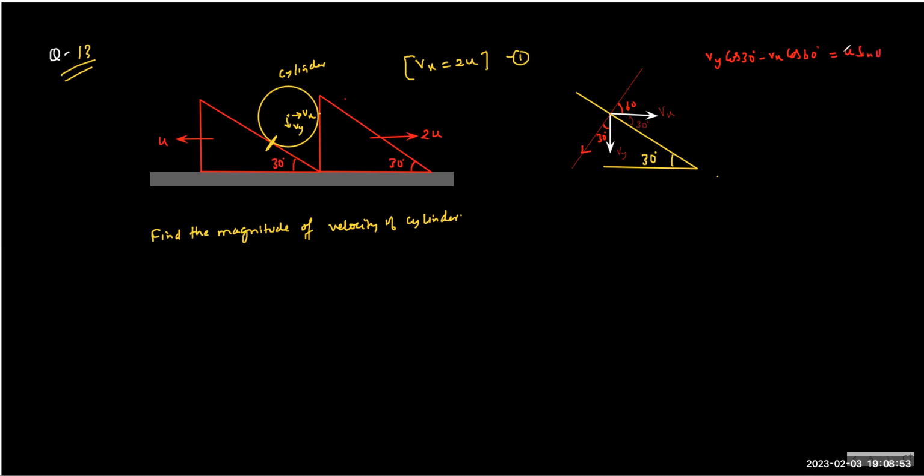Yes, because u is this way. Let me draw this separately. So you can write u cos 60 or u sin 30.